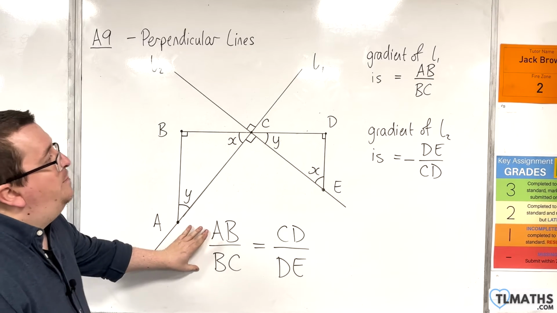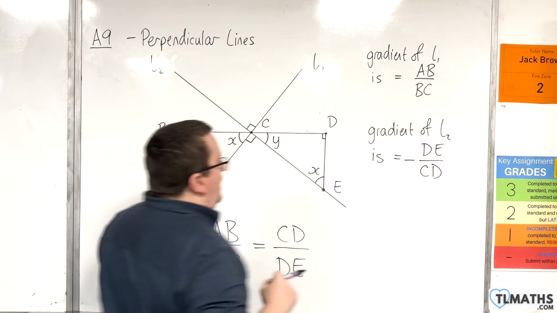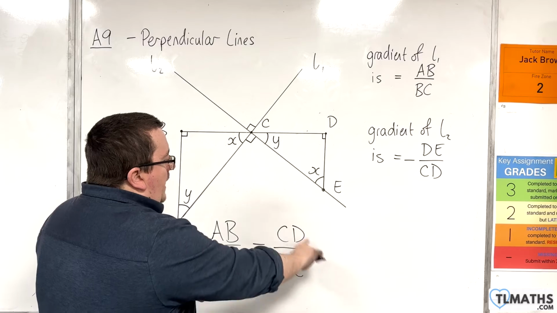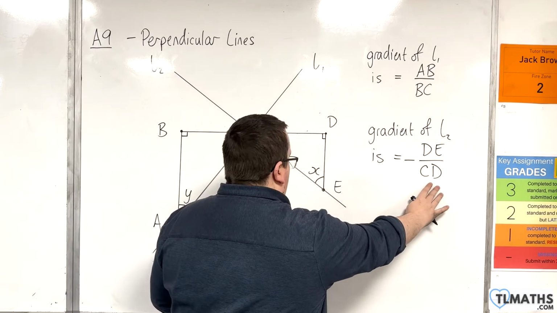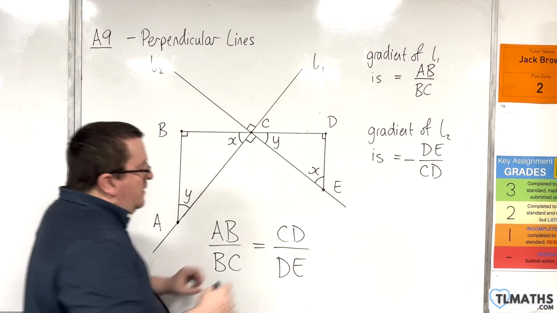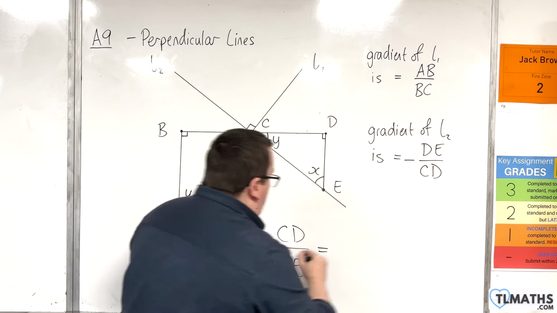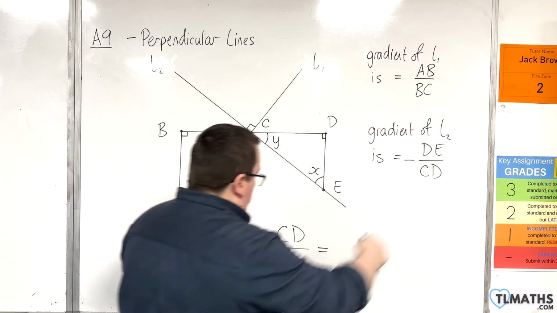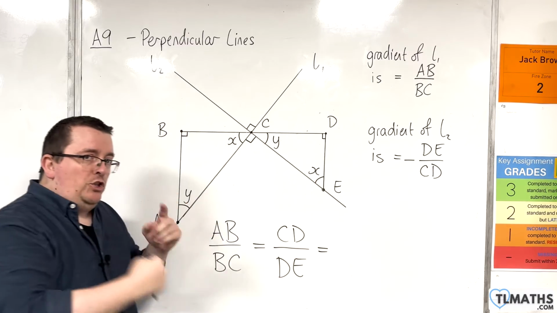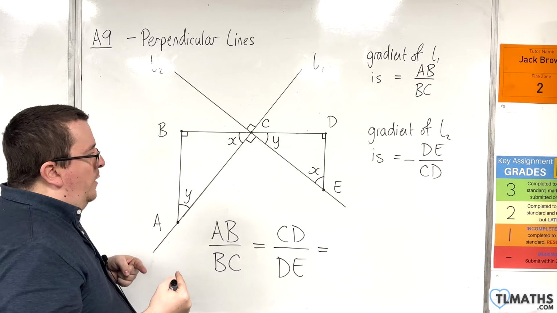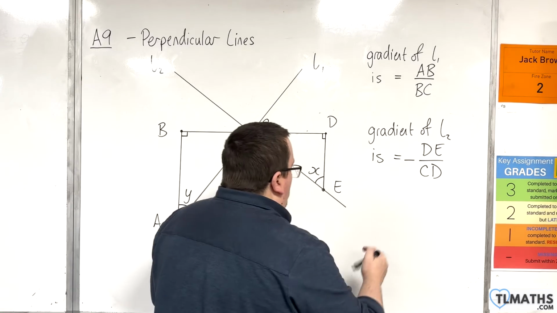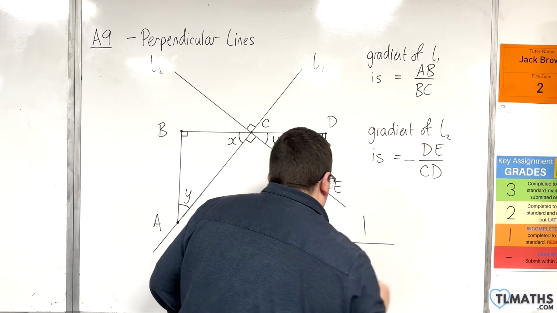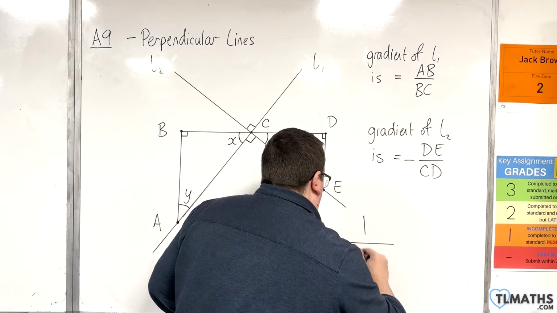Well, the AB over BC is the gradient of L1. And what you've got here is actually very similar to what we've got here. This is equal to, well, because we've got the fractions round the other way, we've actually got the reciprocal of the fraction, haven't we? So the reciprocal of this is this.